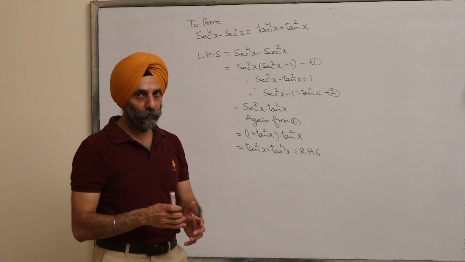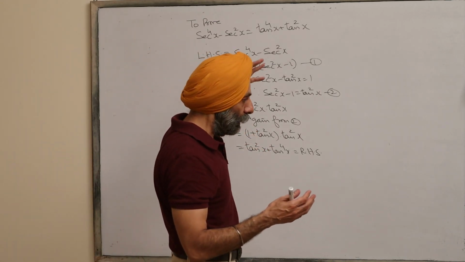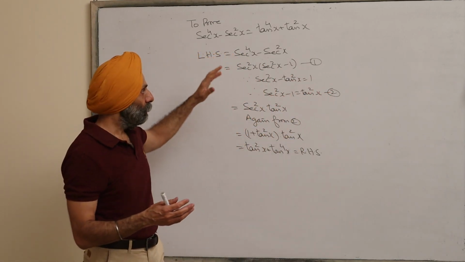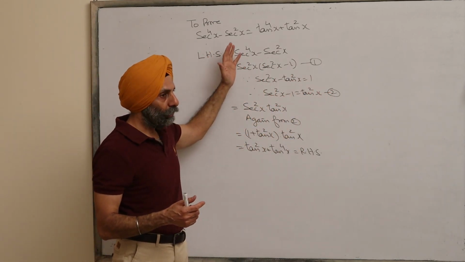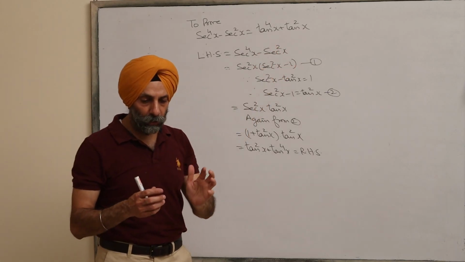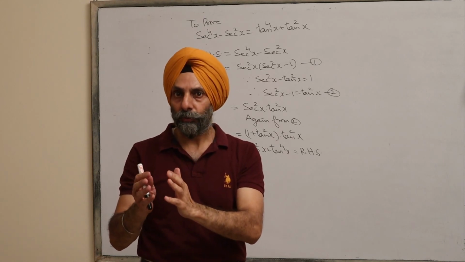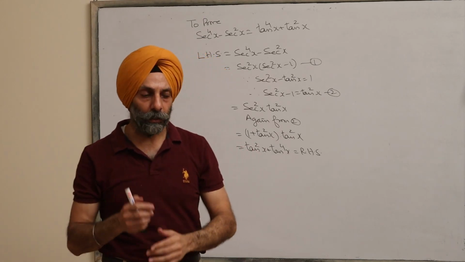So depending upon the question, using the appropriate trigonometric identities comfortably, very easily, you can reach from left side to right or right side to left here. Only thing is that you require a lot of practice to solve questions relating to trigonometric identities.